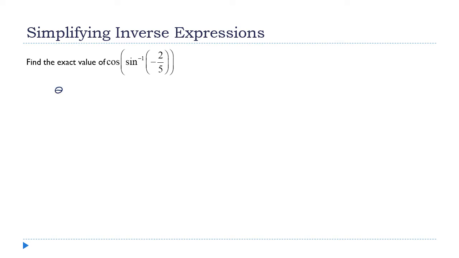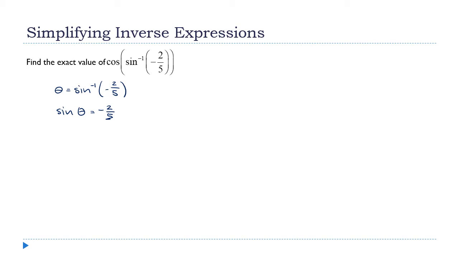Let theta equal the inverse sine of negative 2/5. Okay, well, take the sine of both sides. This means the sine of theta equals negative 2/5. Okay, good. That's something I can work with.